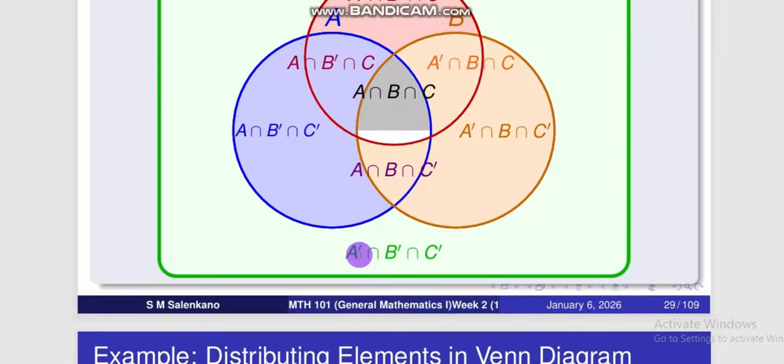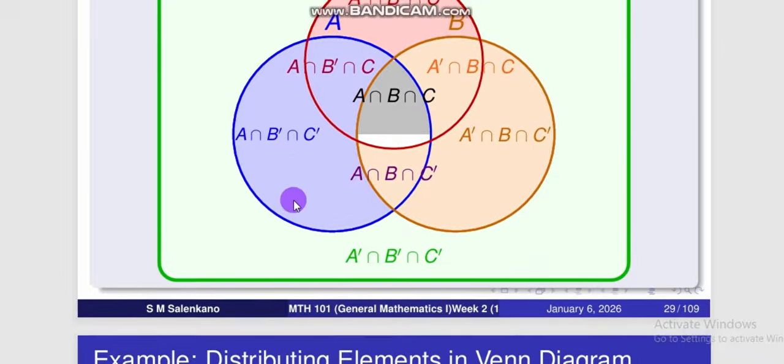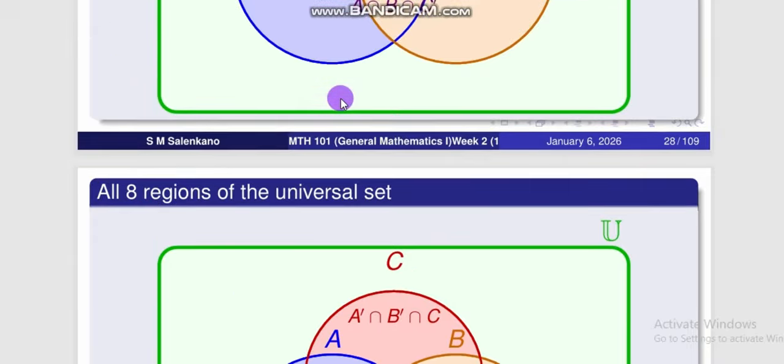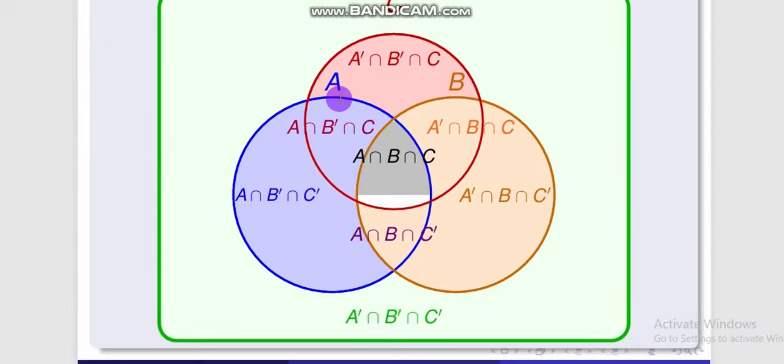You see, A complement, B complement, C complement, intersection of all that. So with that, we have all the regions of the universal set, and if you count the number of regions, you see that you have 8. You see 1 2 3 4 5 6 7 8.